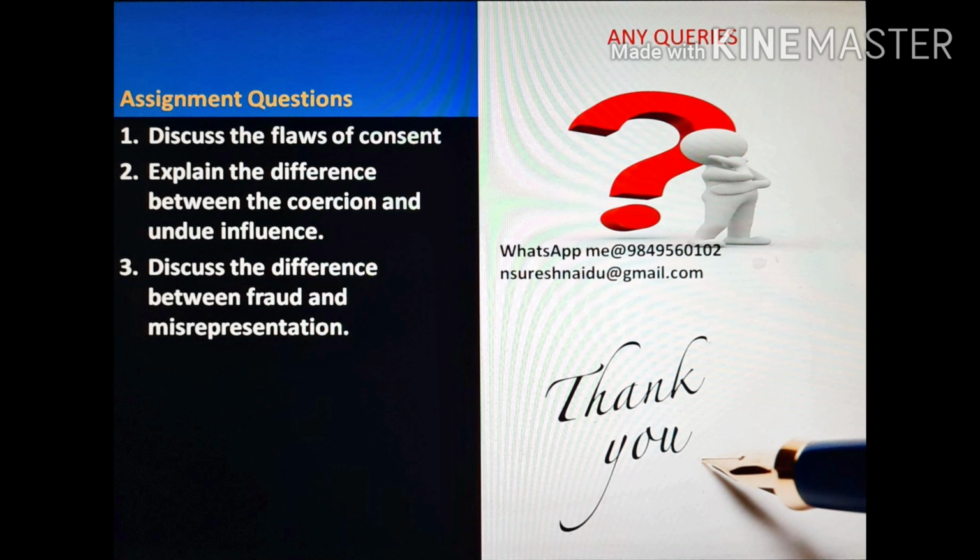Please try to construct a table. On the left hand side you put coercion and on the right hand side you put undue influence, and try to bring out the differences between these 2 defects. Third, discuss the difference between fraud and misrepresentation. Same exercise we have to do. Construct a table, write fraud on the left hand side, misrepresentation on the right hand side, and identify the differences between these 2 terms. Clear?